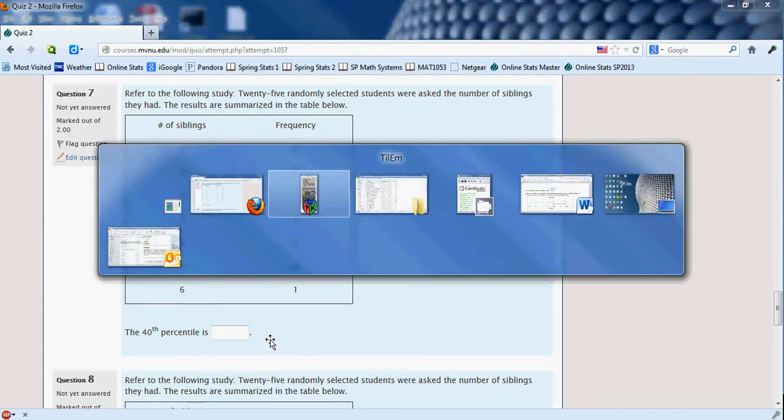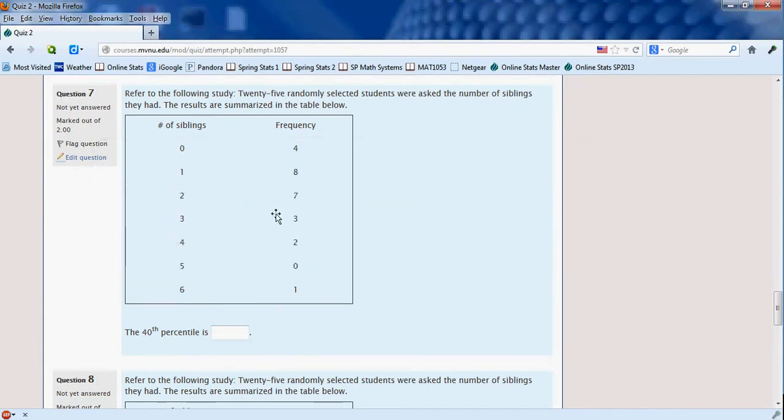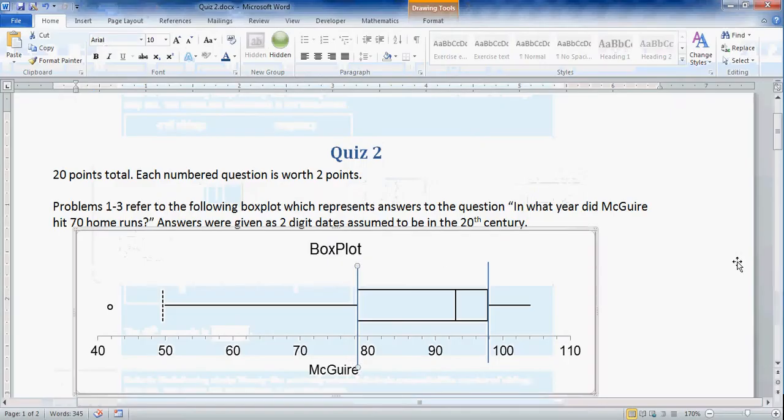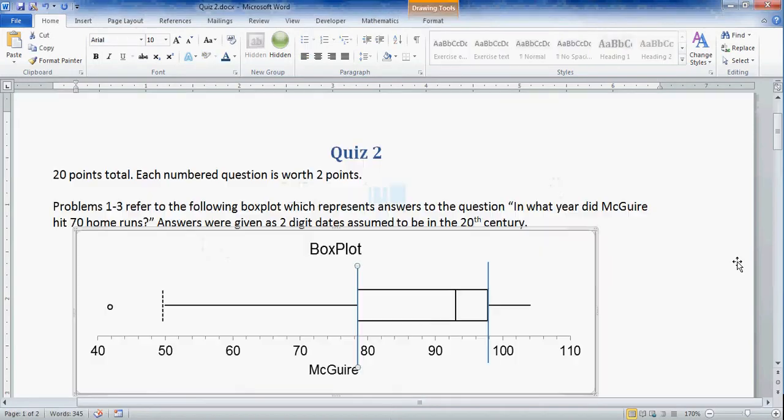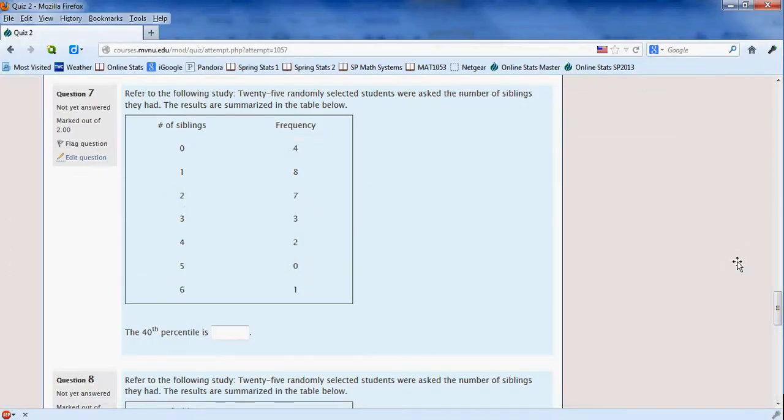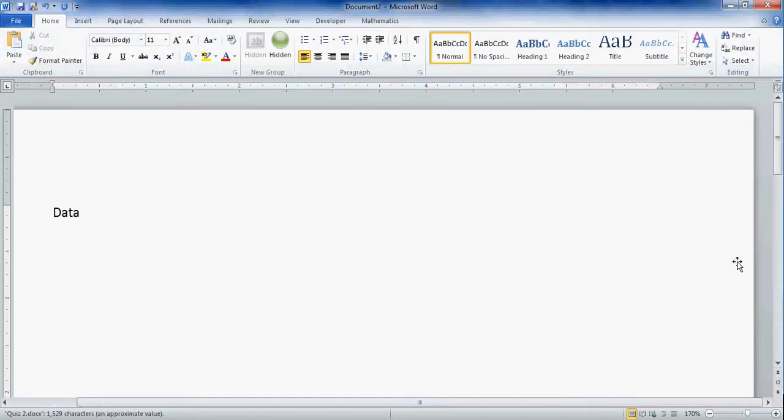To understand this, realize that your data is actually representing actual data. This frequency distribution actually represents data. So this frequency distribution means that there are 4 zeros. So the actual data looks like this. There are 4 zeros.